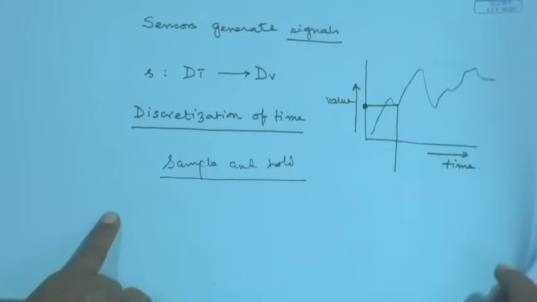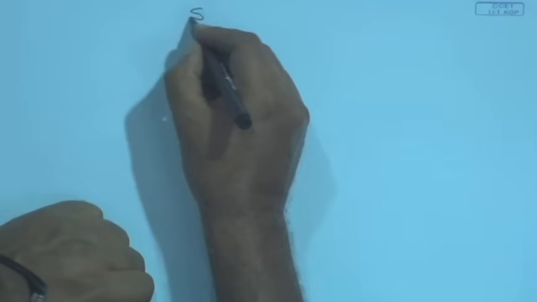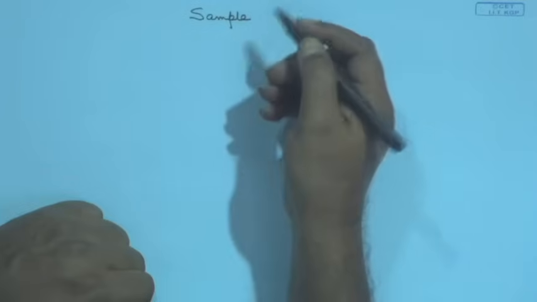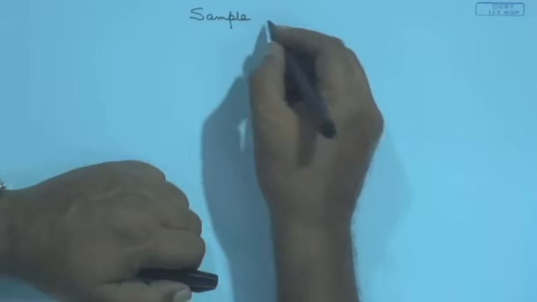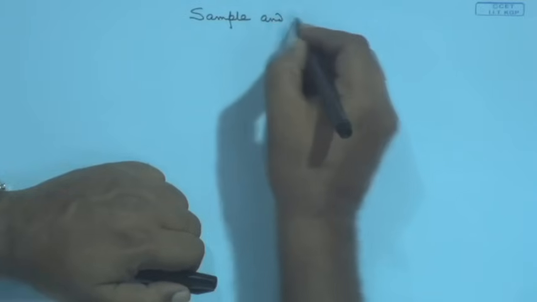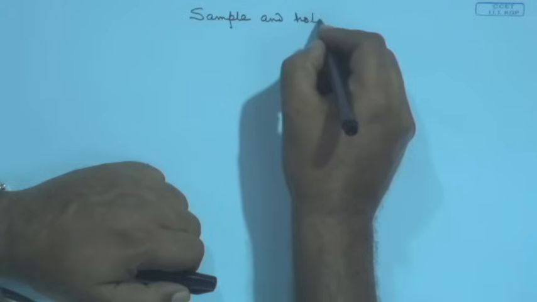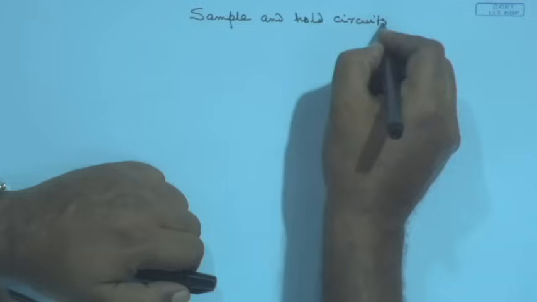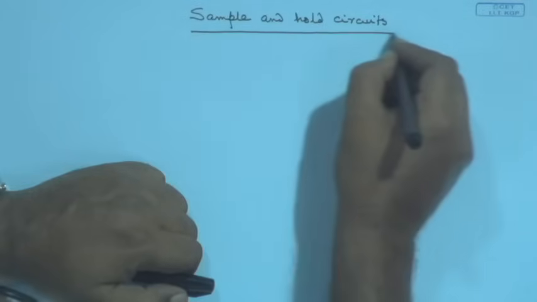That is something that is very important. We will show that. Many of you with an electronics background may be aware of sample and hold circuits, but just for the sake of completeness, let us discuss it in this context.